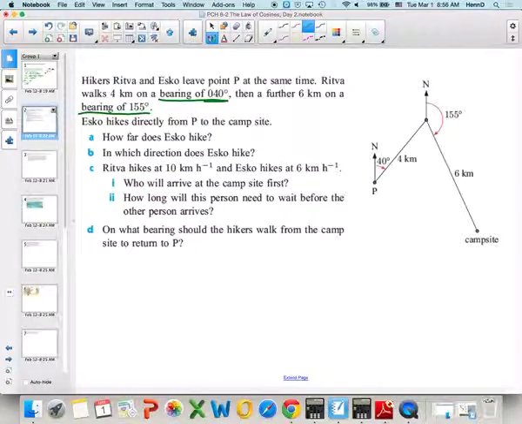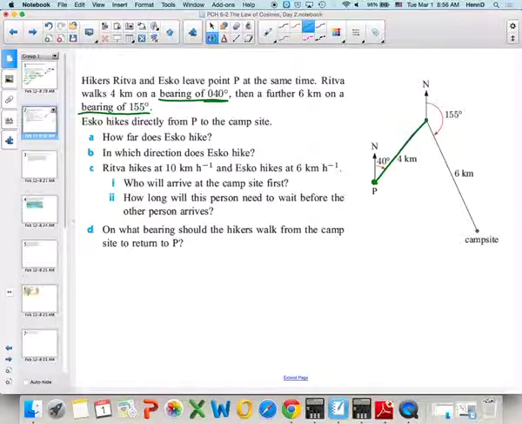It says hikers Ritva and Esko leave point P at the same time. Ritva walks 4 kilometers on a bearing of 40 degrees. Now notice, here's point P. We're walking 4 kilometers. It says a bearing of 40 degrees.